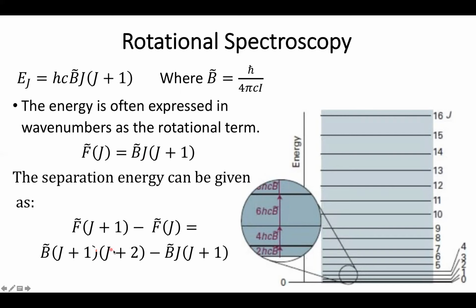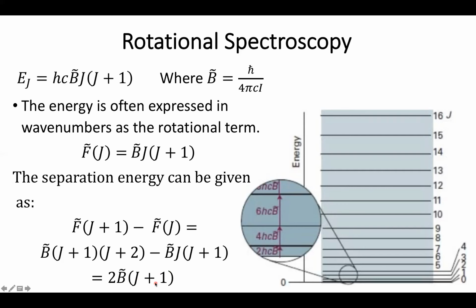Now, this is quite an ugly little expression. We FOIL out some terms, do some simplification, and it turns out that the separation energy can be expressed in terms of twice the rotational constant times my initial state, the one I'm being excited out of, plus 1.